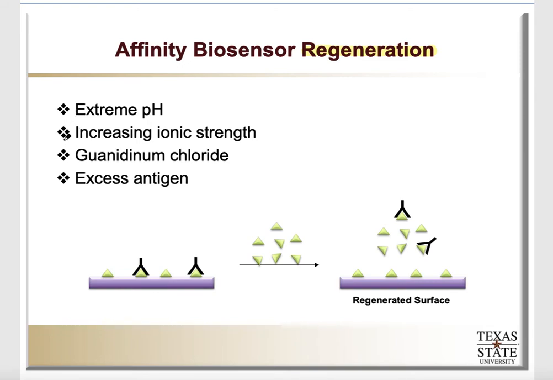Similarly, you can increase the ionic strength. Doing so, you're going to increase the concentration of ions that are available to compete with any kind of ionic interactions that you initially had between your target and your biorecognition molecule. The third thing that you can utilize is to add guanidinium chloride, which is a molecule that is able to denature proteins.